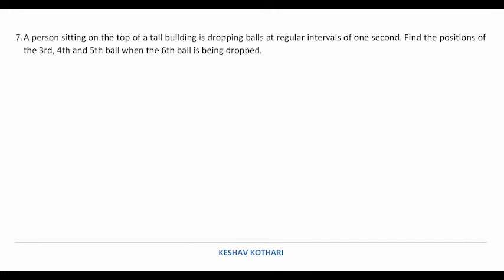So let us start solving the question in this way. So we can say that this is the tall building which the question is talking about, and the ball is released in successive interval from this position.